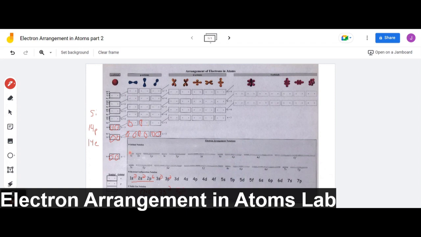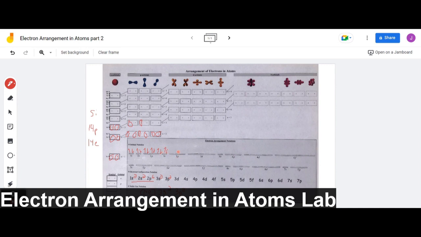And if we make an orbital diagram, we'd follow that same pattern, but instead of using circles to represent electrons, we're using arrows in the boxes. Make sure that the arrows within each box are pointing in opposite directions.